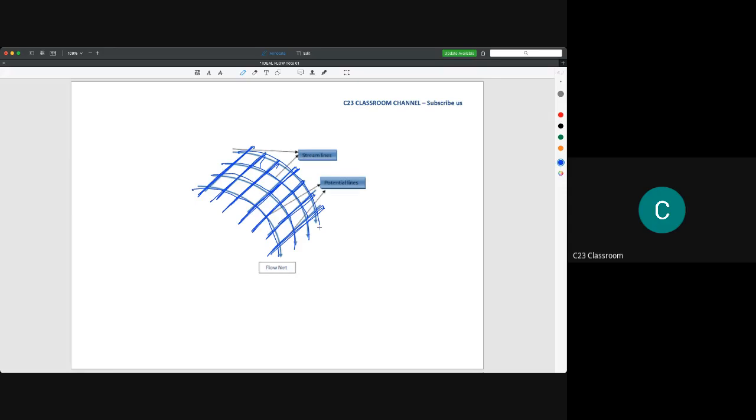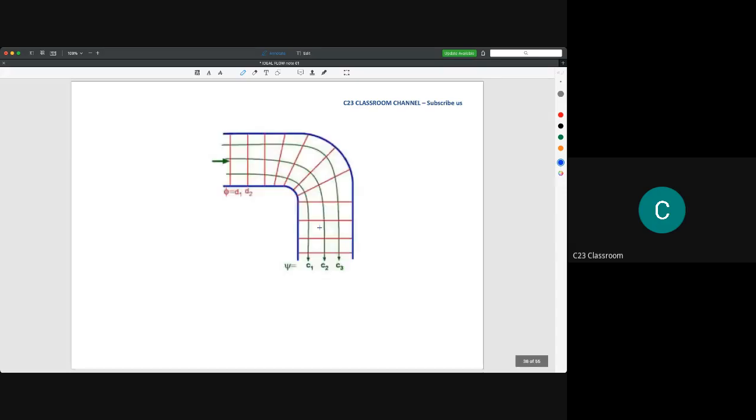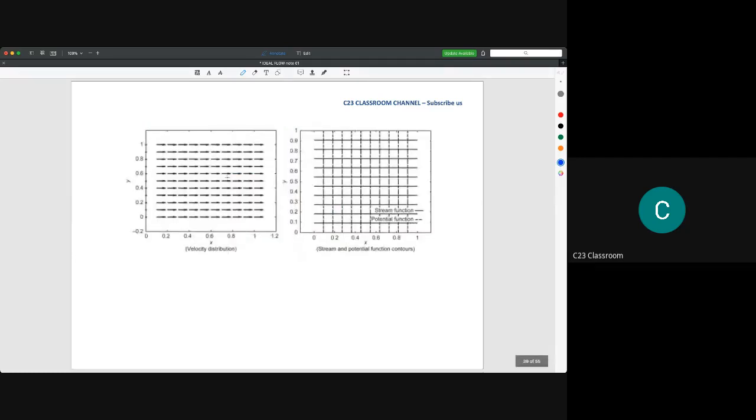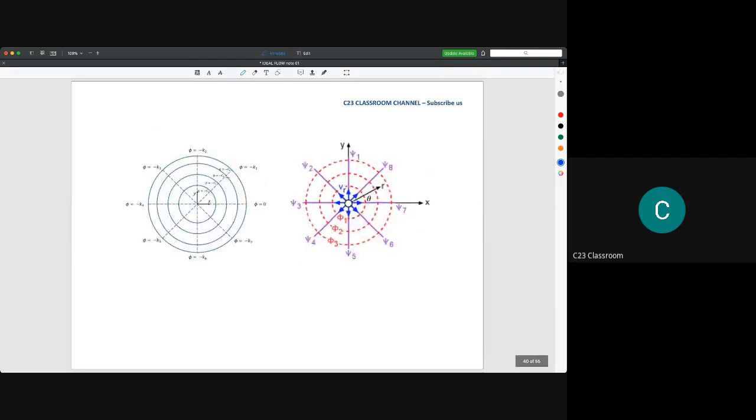So the psi here shows you the real flow, but the tangential line, the phi, is an imaginary line to help us in our calculation. Later on, I will show you. You can see this one, and this is another example. We will have this kind of calculation.